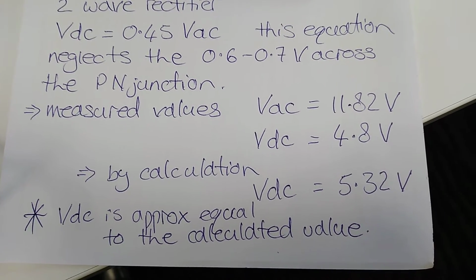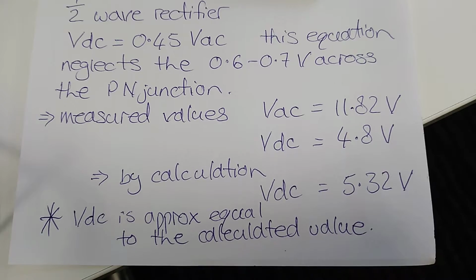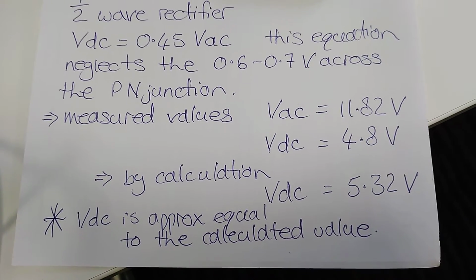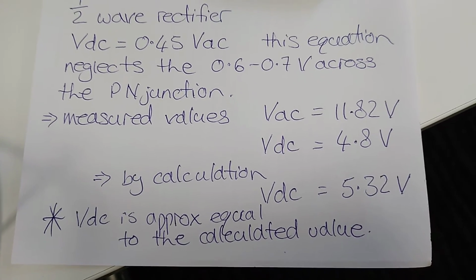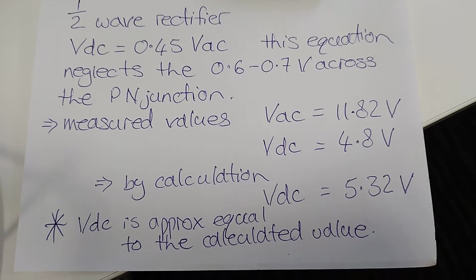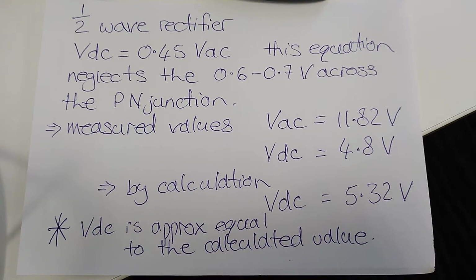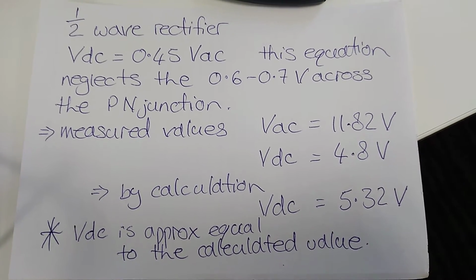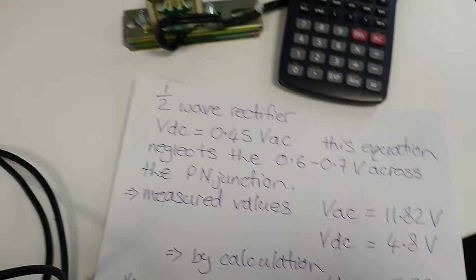By calculation I should get about 5.3 volts, but if you then consider the voltage drop across the diode, it's pretty close to 5.3 volts. So I'm pretty happy with the circuit that demonstrates this relationship between the voltage AC and the voltage DC using a half-wave rectifier.